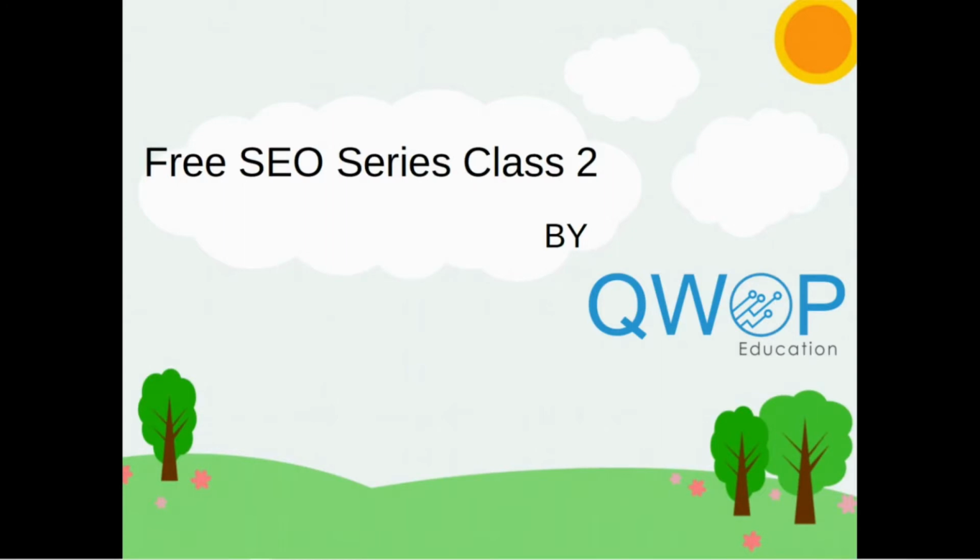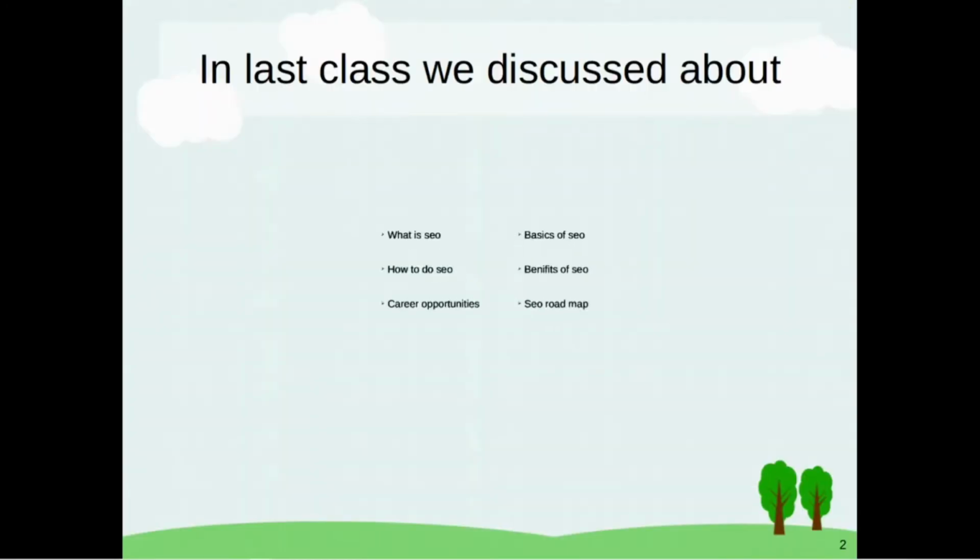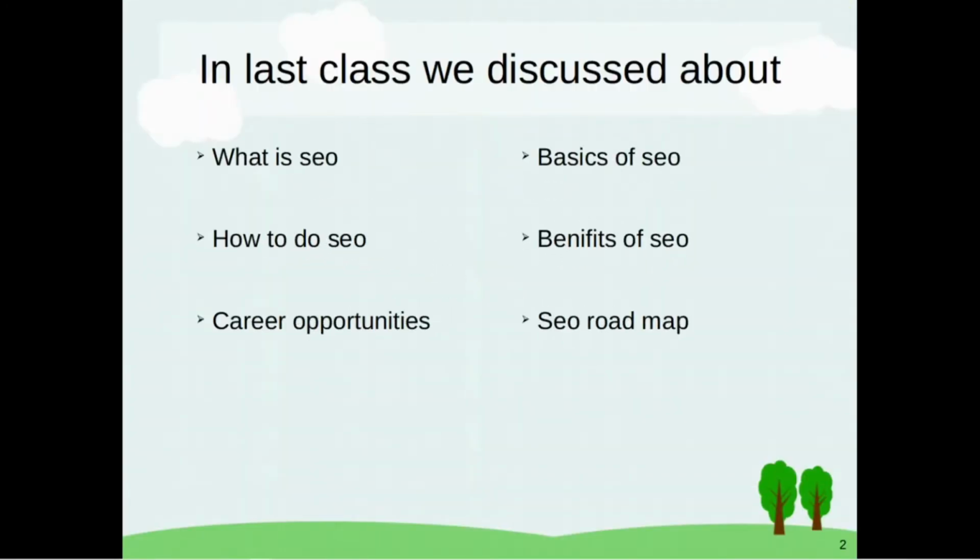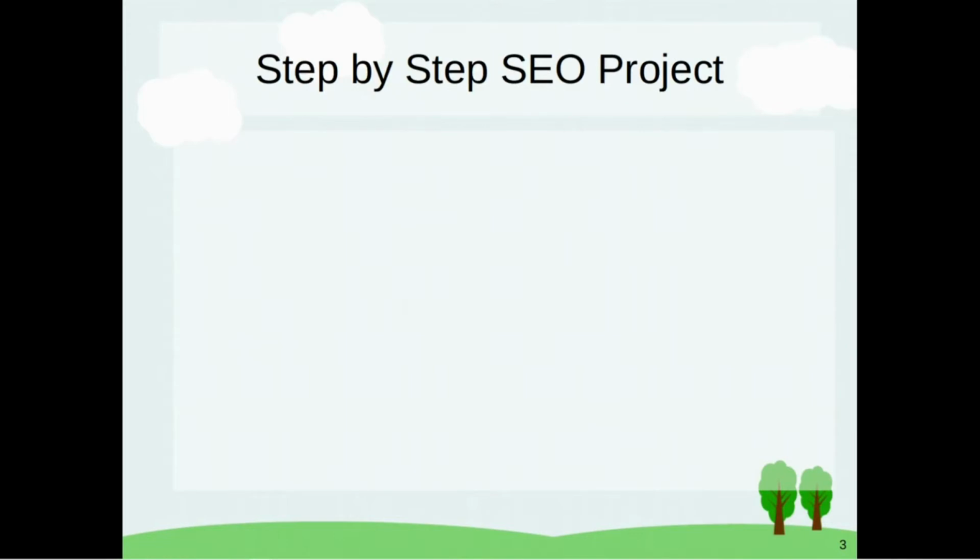So, in the previous class, we studied what is SEO, basics of SEO, how to do SEO, benefits of SEO, career opportunities in SEO, and the SEO roadmap. In this class we will study the step-by-step process of an SEO project.